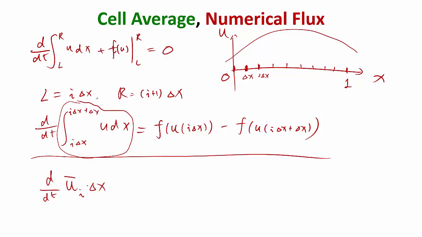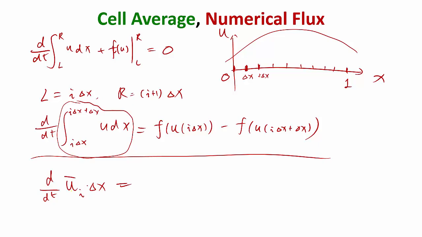And now we see how we are transforming this into an ordinary differential equation. If we can not represent but approximate the right hand side using the cell averages, then we got a bunch of differential equations to solve.